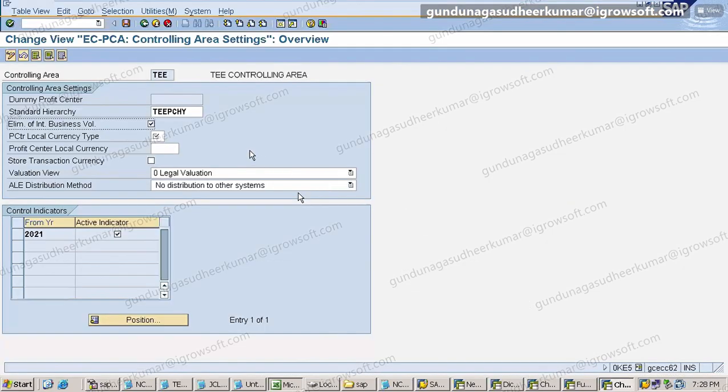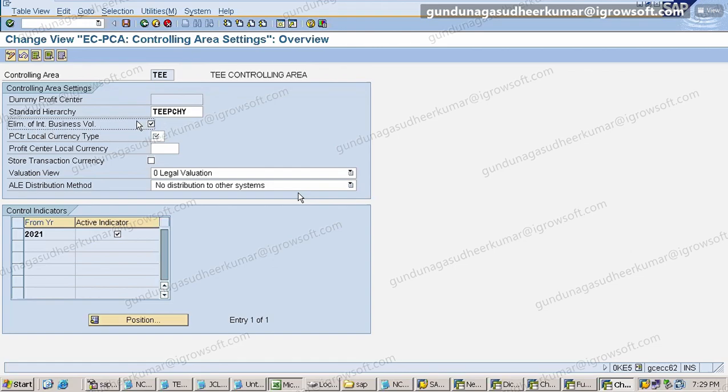So it is saying, if you want to consider it, it's okay, but you can use elimination of internal business volume. I don't want to consider the business we are doing within the company. Even the profit that you are generating within the company is not good. So to avoid the competition between the profit centers, we are saying elimination of internal business volume.